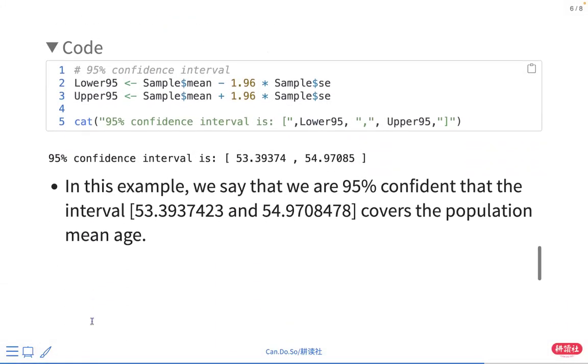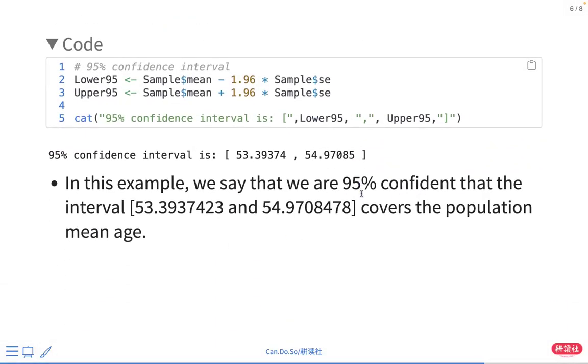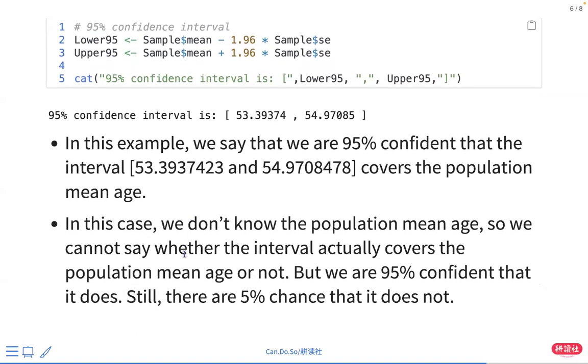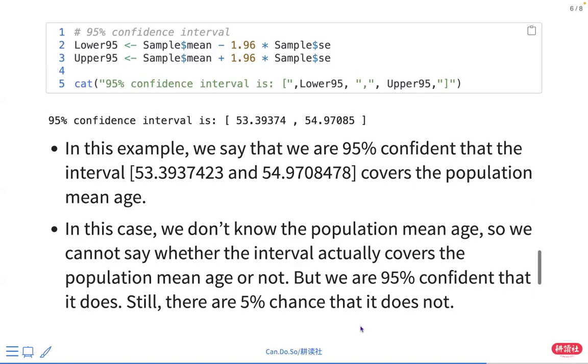In this example, we see that we are 95% confident that the interval covers the population mean age. But in this case, we don't know the population mean age, so we cannot say whether the interval actually covers the population mean age or not. But we are 95% confident it does.